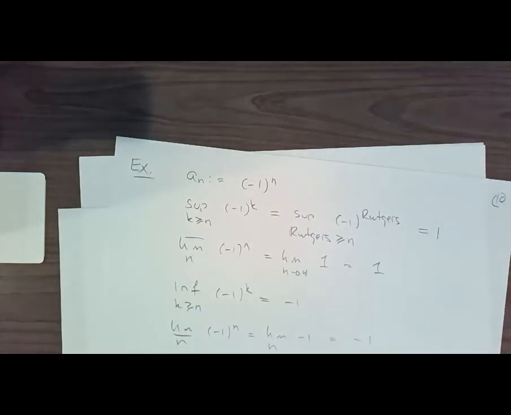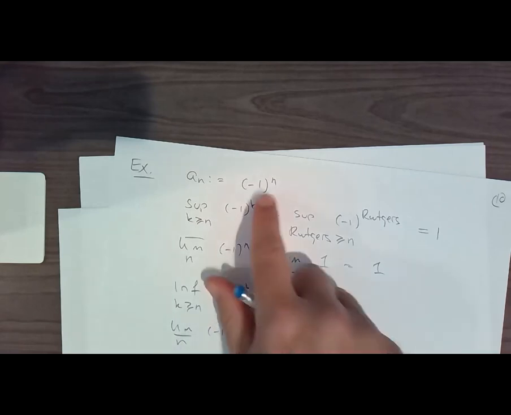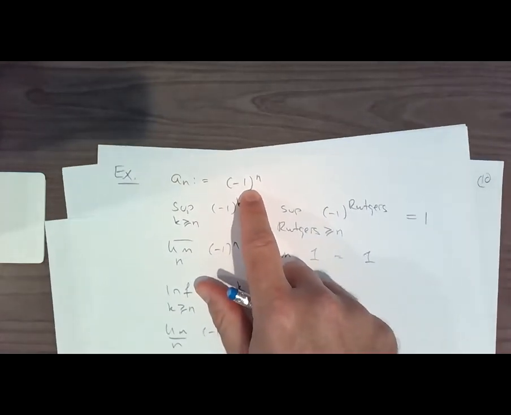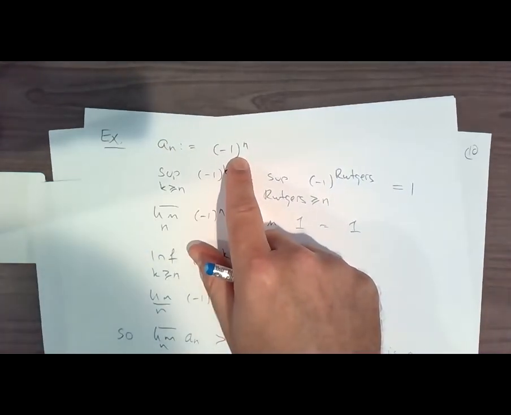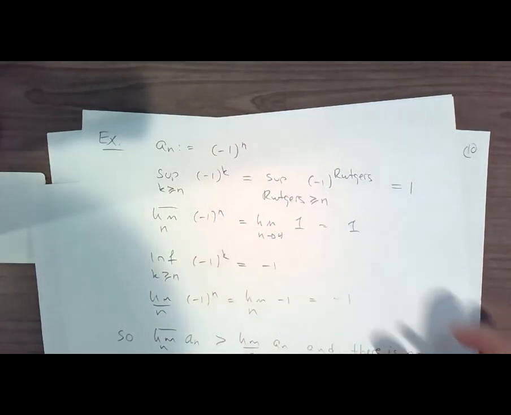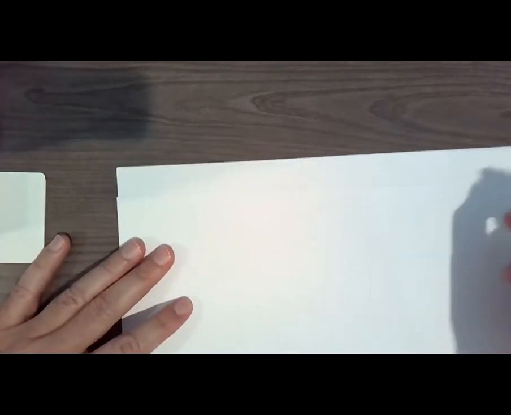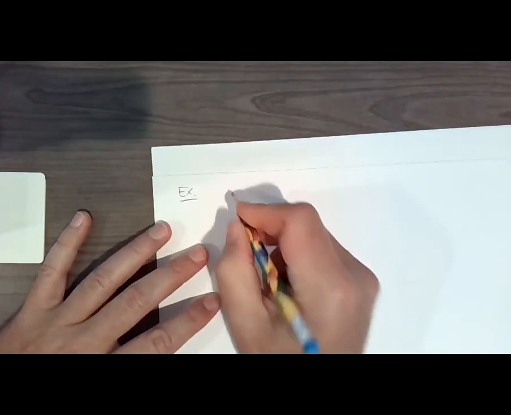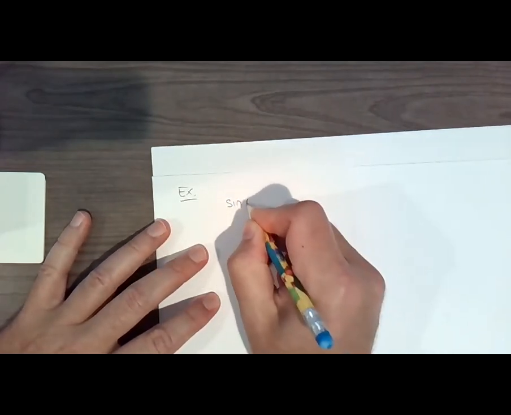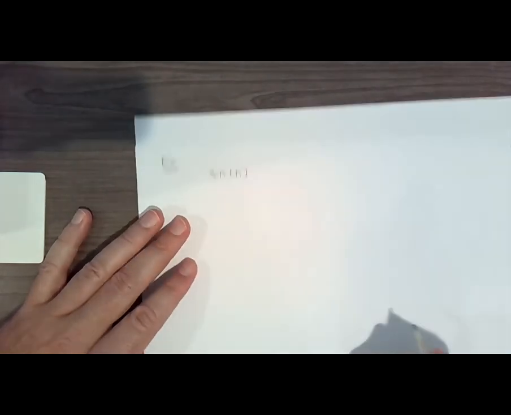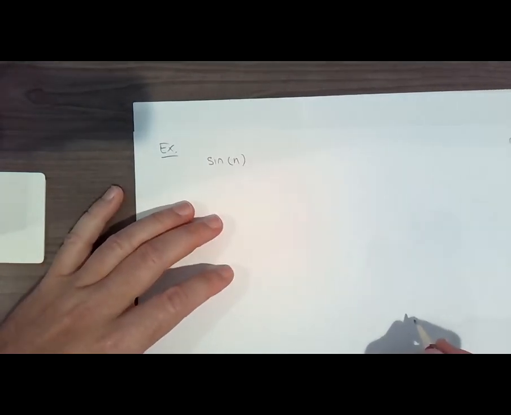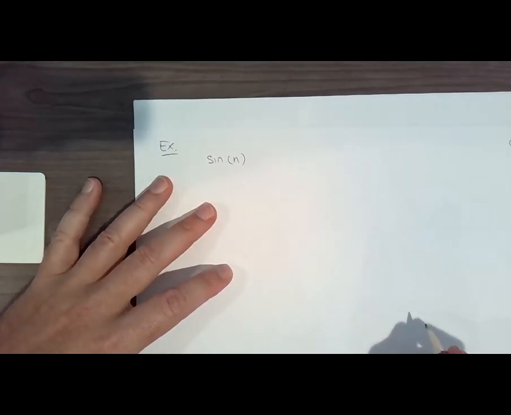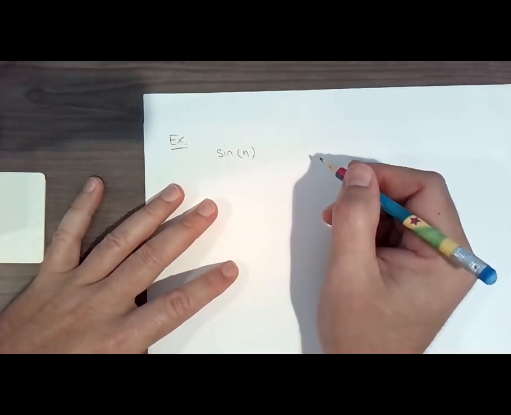So where's my page 9 here? Where was this example? Like this one here. This doesn't converge, right? It oscillates like crazy. You can easily construct other examples. Here's another example of a troublemaker. If I take sine of n, does it converge?